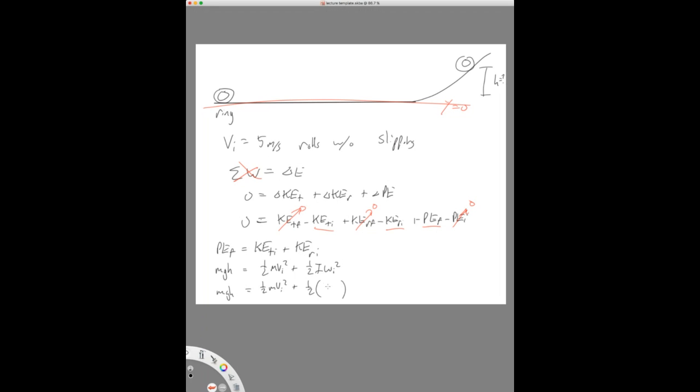If we look it up for a ring, the value is just 1 times m r squared. So the constant c is just 1. Just writing the 1 in there so you can kind of remember that. And then the initial omega would be v initial over r, and then we square it. So every time we do this, mixing linear or translational kinetic energy and rotational kinetic energy, these r's are going to just cancel. And now, because each term has a mass, the m's cancel.